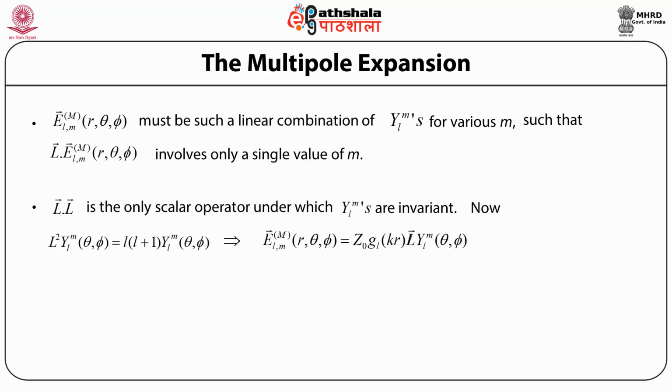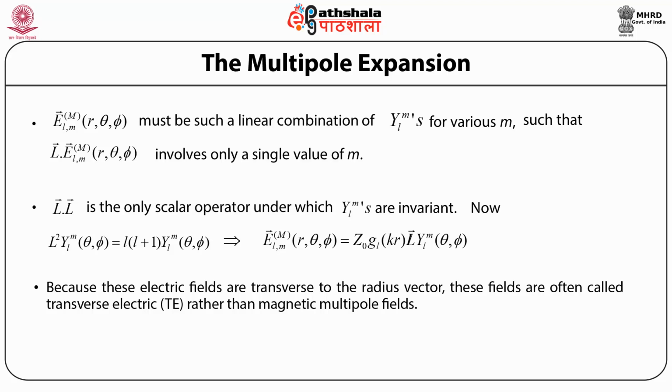Now L² Y_Lm(θ,φ) = L(L+1) Y_Lm(θ,φ), which implies that E_Lm^(m)(r,θ,φ) = Z₀ g_L(kr) L⃗ Y_Lm(θ,φ).